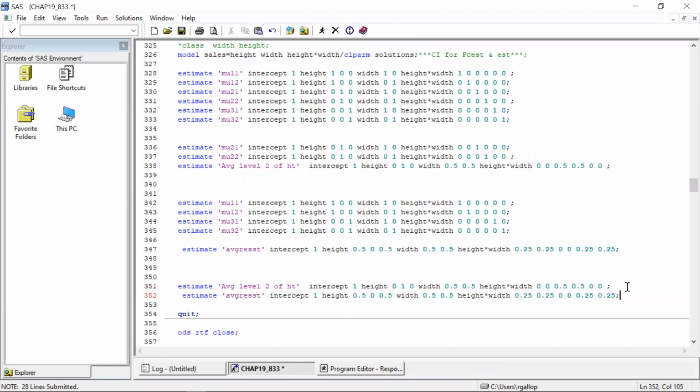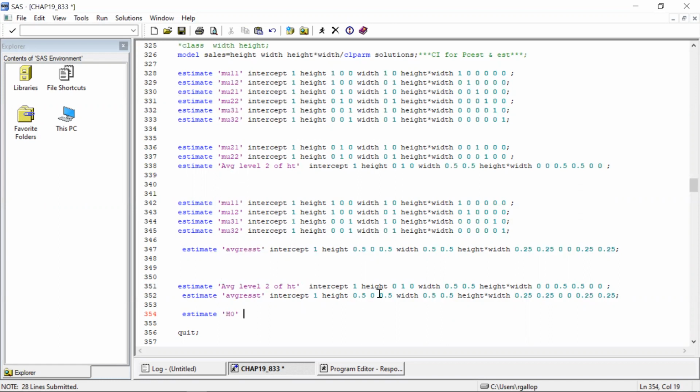So again, setting them equal and doing that hypothesis is the same as subtracting one from the other. So I'm going to call this estimate H0, right? In this case, we're going to just subtract coordinate-wise. So intercept 1 minus 1, 0. Remember we said anything followed by entirely zeros does not need to be in the estimate statement or the contrast statement.